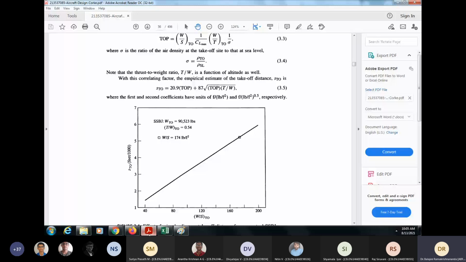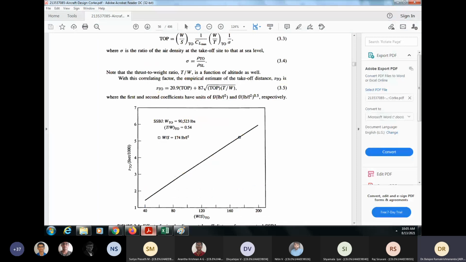So now, you fix your STO, and you have a relationship between T by W and W by S. You take all T by W to one side, W by S to another side, and express T by W as a function of wing loading. It's possible to do that. You got it? Yes, sir. Now you plot.